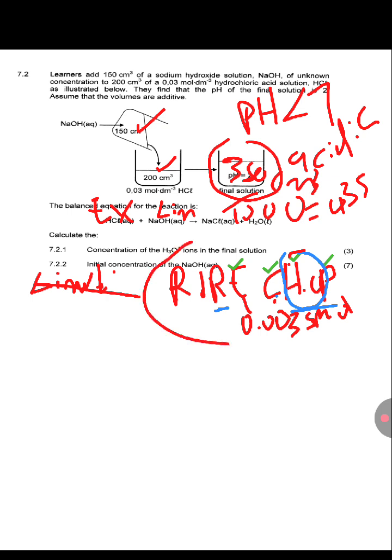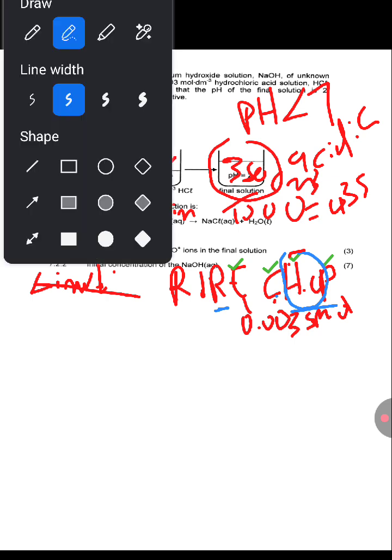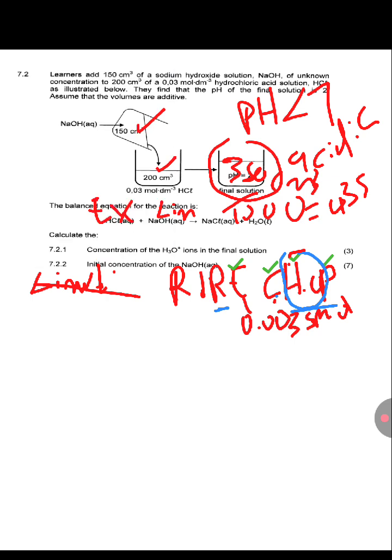After we get all this information here, that's when we can go to the limiting reagent. So let's work it out. I can get the initial number of moles before I can get the reacted number of moles, because I've got the initial information about the hydrochloric acid there.